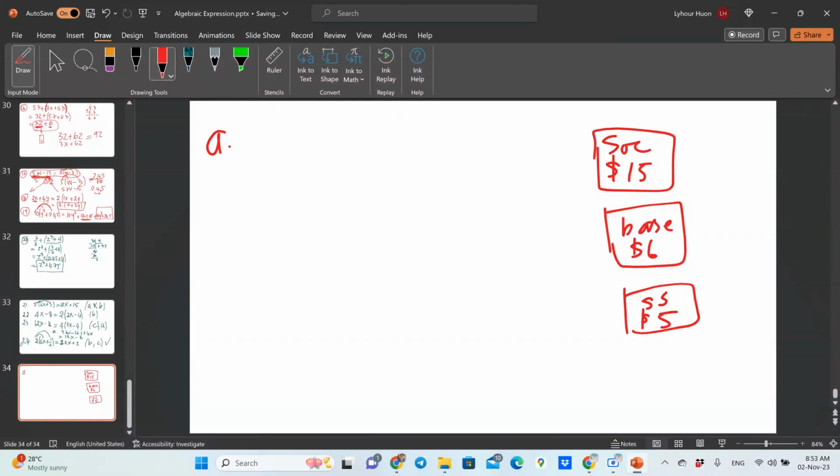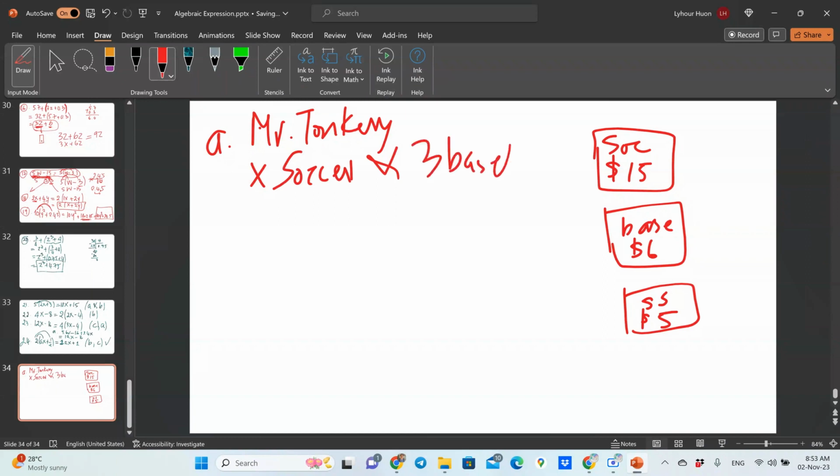So A, Mr. Tonkery bought X number of soccer balls and three baseballs. How do we write these expressions? Is it something like x plus 3 times 6?